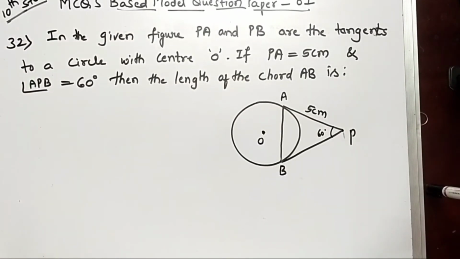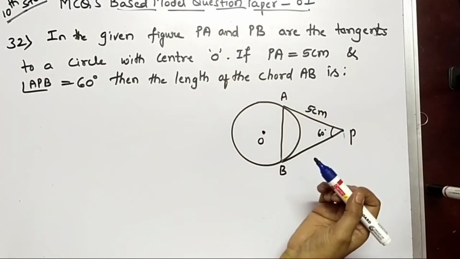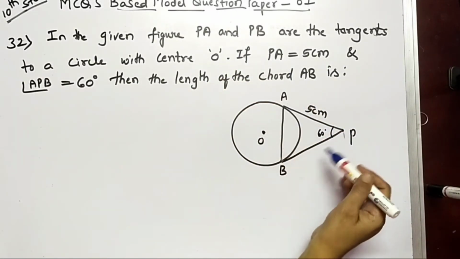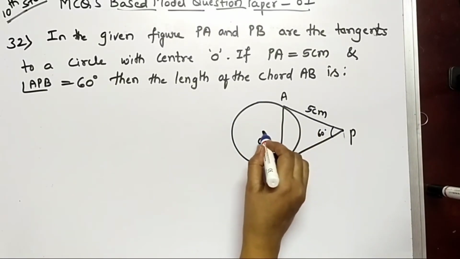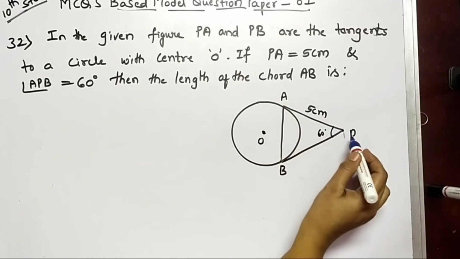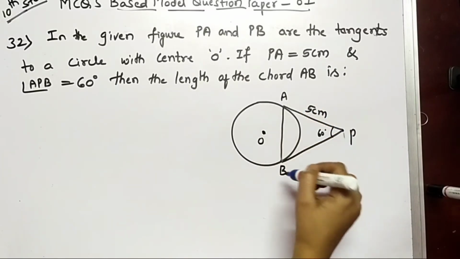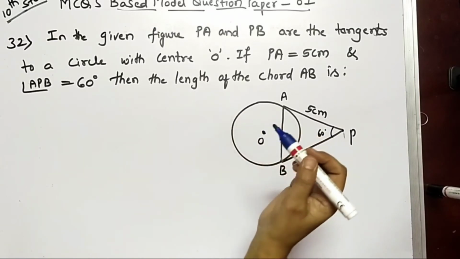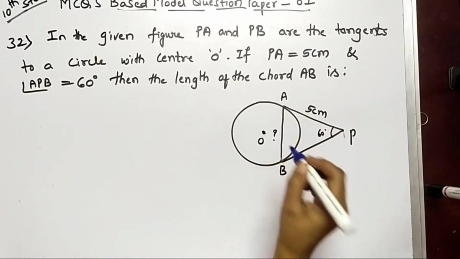Question number 32. In the given figure, PA and PB are tangents to a circle with the center O. If PA is 5 centimeter and angle APB is 60 degree, then find the length of the chord AB. This they asked to find.